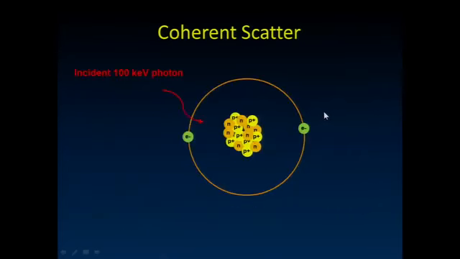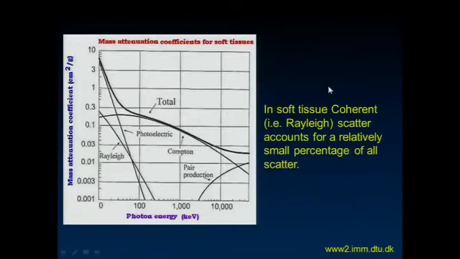We're lucky because coherent scatter really is a minority of the interactions that occur at diagnostic energies. Much more at mammography keV energies, but very little up at the diagnostic energies for, let's say, abdominal plain film, CT, those kind of things. So we're going to ignore it for our purposes.